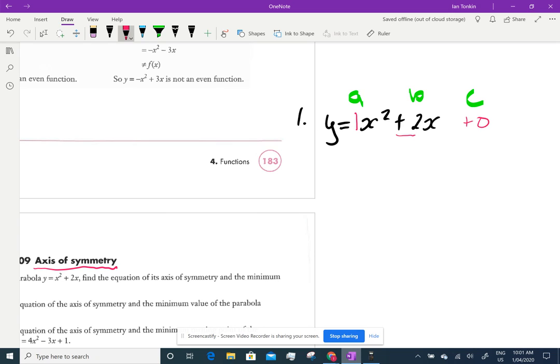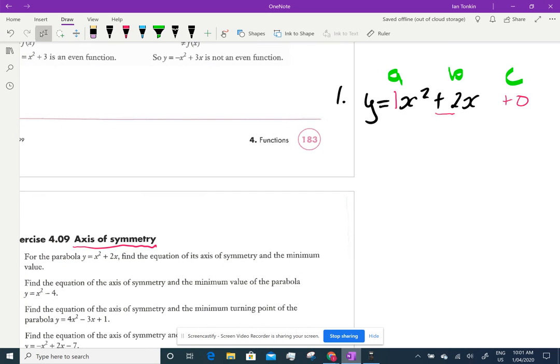All right, if there's nothing there, you can just write 0. So, find the equation of the axis of symmetry. No worries. X equals negative B, negative 2, on 2A, 2 times 1. Negative 2 on 2, x equals negative 1.